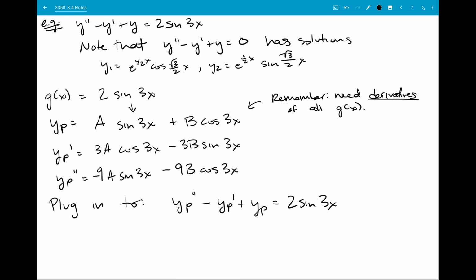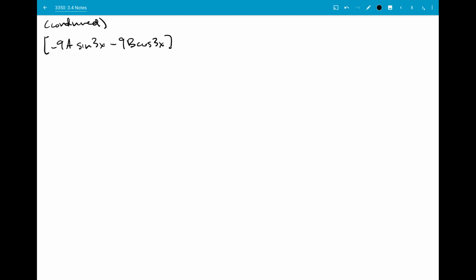Let's see how we do. This is going to be too much for this space, so I'm going to start plugging it in on this next slide, because I'm going to have to copy it over again anyhow. My y sub p double prime was minus 9a sine 3x minus 9b cosine 3x.